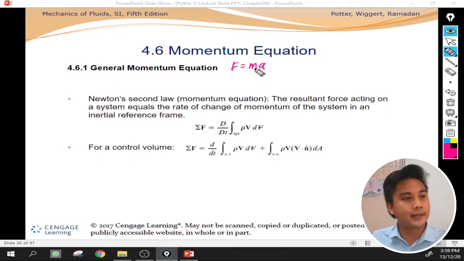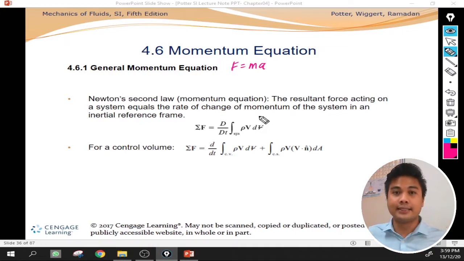Normally in the engineering field, many engineers or scientists prefer to convert this form into integral form. Why do they need to convert into integral form? Because they want to solve very complex models.